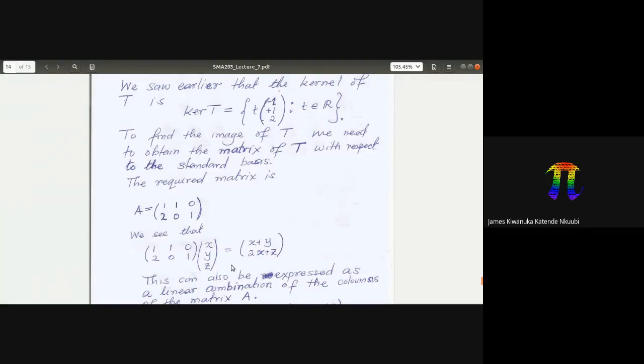So it means this matrix can replace the linear transformation. Is there anyone who has a question on this before we proceed? Do you have a question on this?